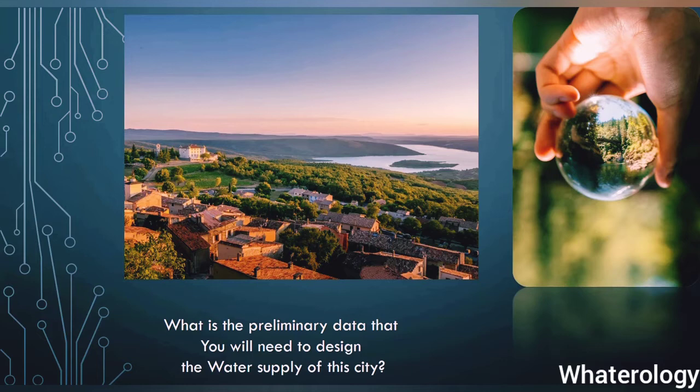I will also tell you about the various softwares and literature, but I think this course itself will be enough. For software courses, we will be assigning you something else. Okay, so the preliminary data that you need to design this city for water supply is population. So population of today or future? So future.